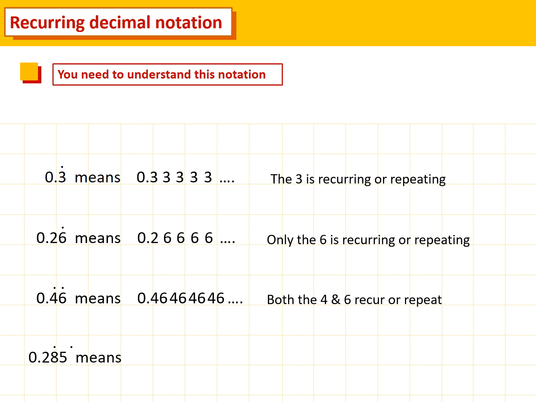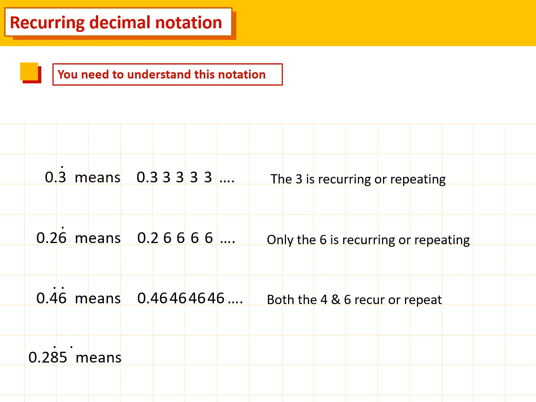And finally, if you have a string of decimal figures that repeat, we only put a dot over the first and the last figure of the string. So in this example, it doesn't mean that just the 2 and the 5 repeat. It means everything from the 2 to the 5 repeats.